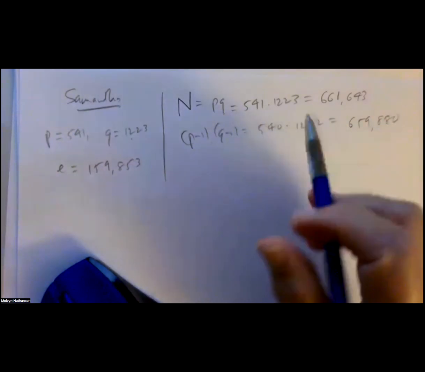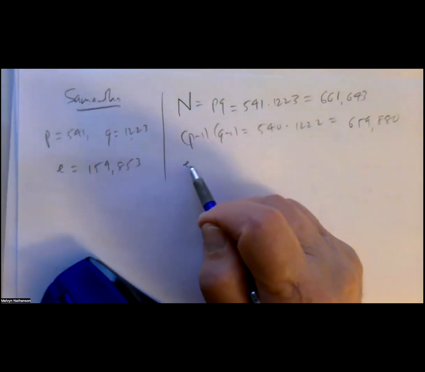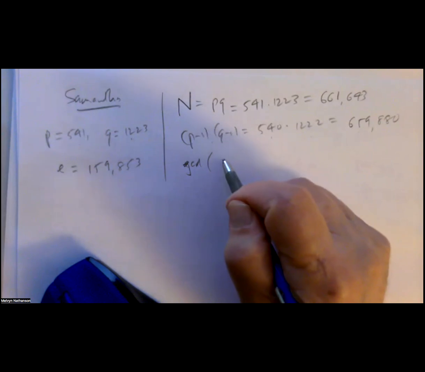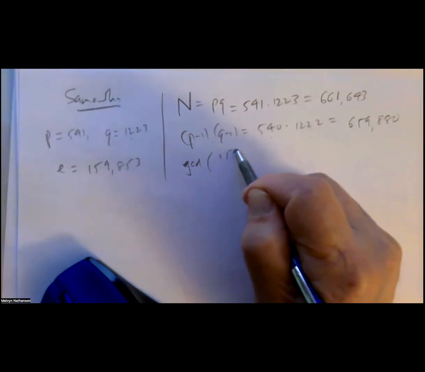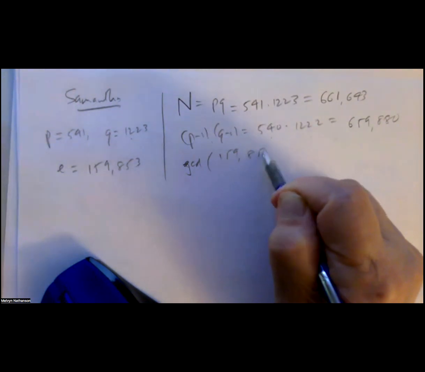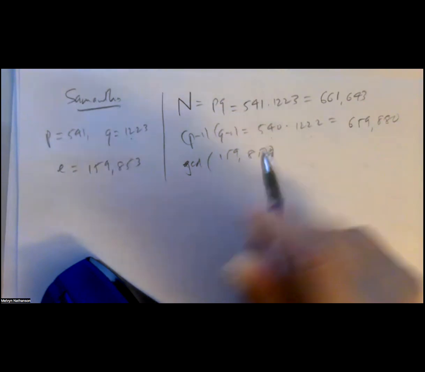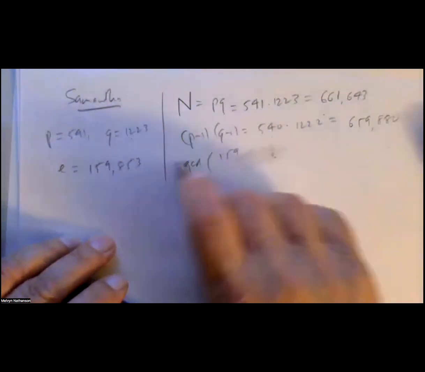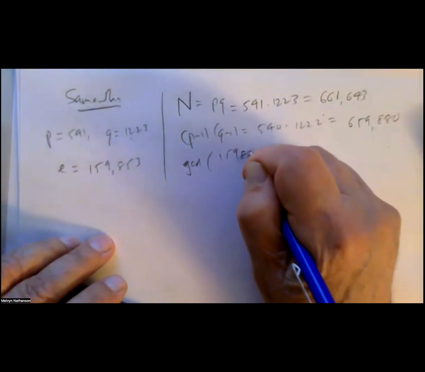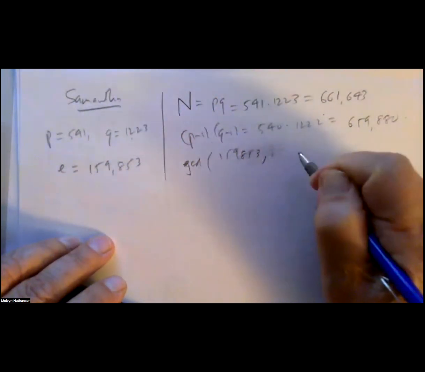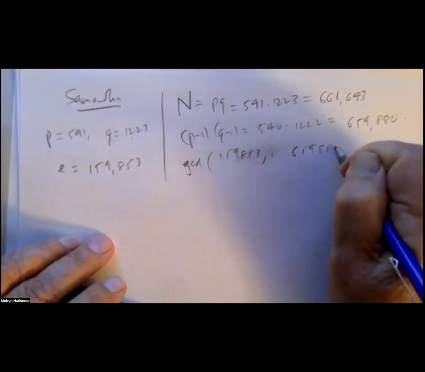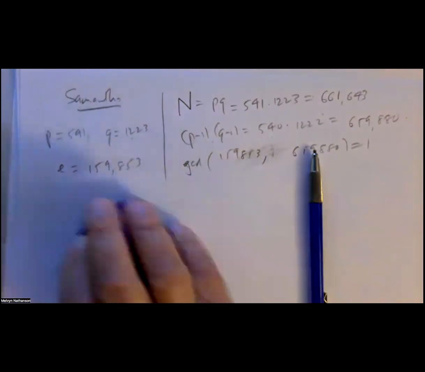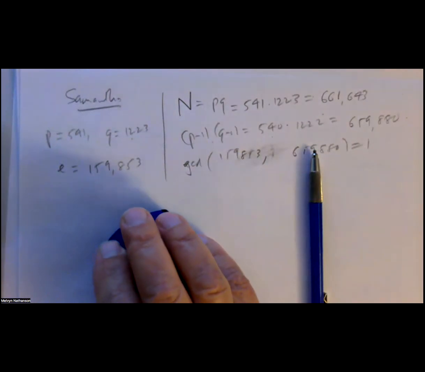That is in fact 1. So the GCD, the greatest common divisor of 159,853 and 659,880 is indeed 1. So that's okay.